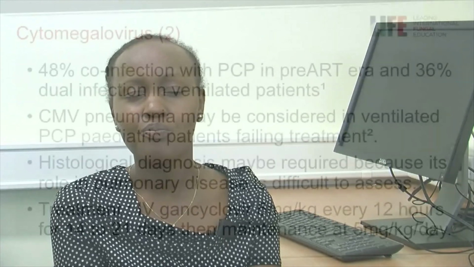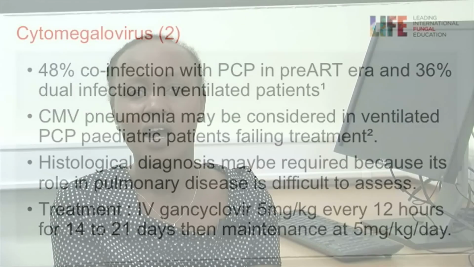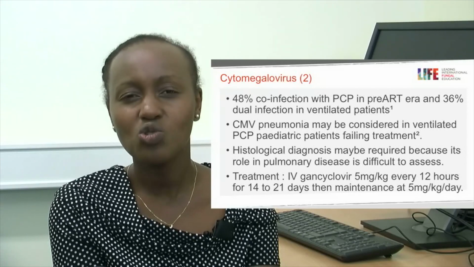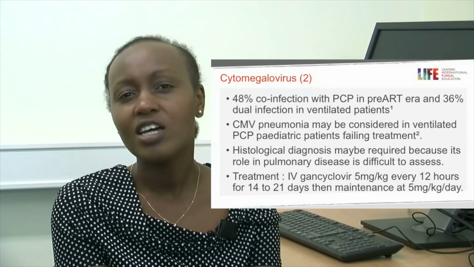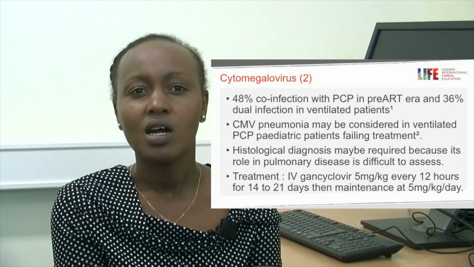In the pre-ART era, there was about 50% co-infection with PCP and about 36% dual infection in patients who are ventilated. And this is all to say that when you have a ventilated PCP pediatric patient who is failing treatment, then you should be thinking about a cytomegalovirus pneumonia.